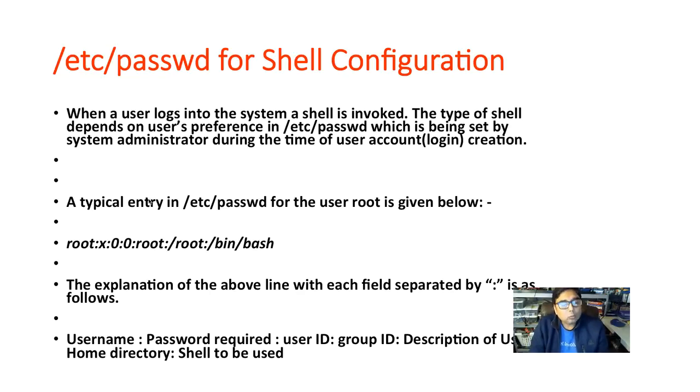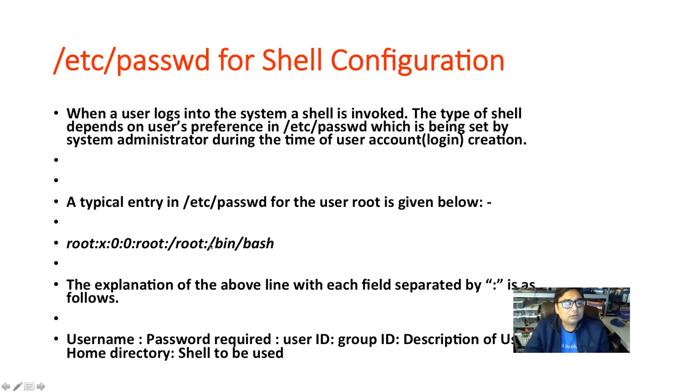Now what is the shell which you will be using? Since there are C shell, bash shell, ASH, Korn shell, how does a user know which shell he will be using? That is something which is set by the administrator when he creates your user account. When a user account is created, that account entry goes into a file called /etc/passwd, and in that /etc/passwd there is a last field.